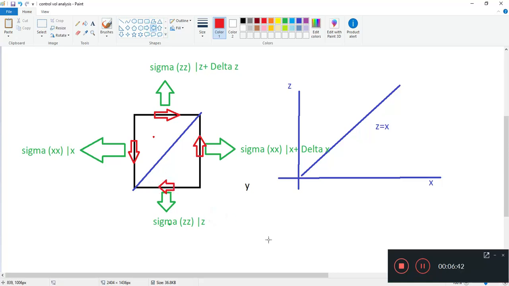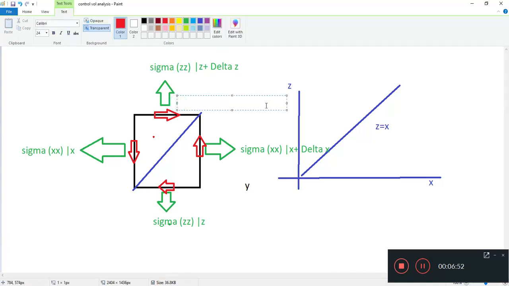So let's name our stresses again. What plane is this acting on? This is perpendicular to the z plane, so we'll call it tau because it's a shear stress. It's acting on the plane perpendicular to the z direction. And what direction is it going? X. And where is it evaluated? It's evaluated at z plus delta z.